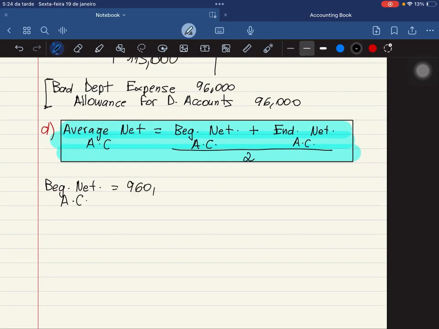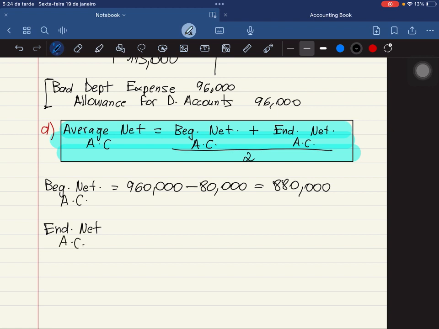That is 900,000 minus 80,000. Okay, that is 880,000, like this.